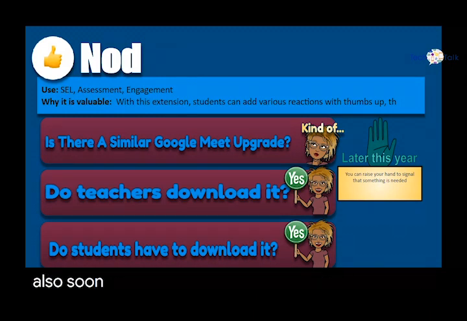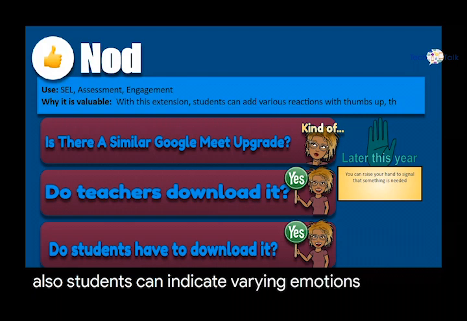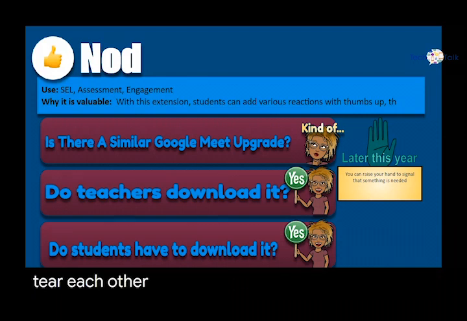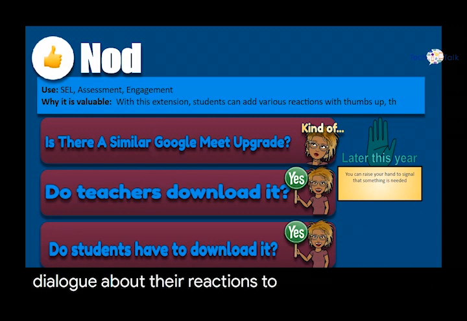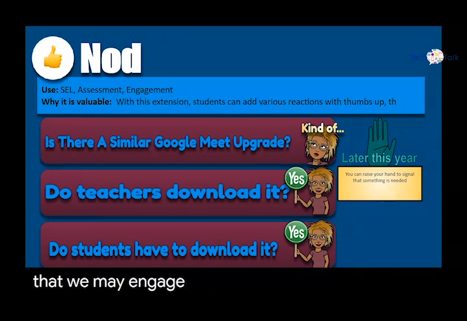Also, students can indicate varying emotions and even cheer each other on by using the clap emoji. And we can have open, authentic dialogue about their reactions to sensitive materials that we may engage with during our social emotional portions of the lesson.